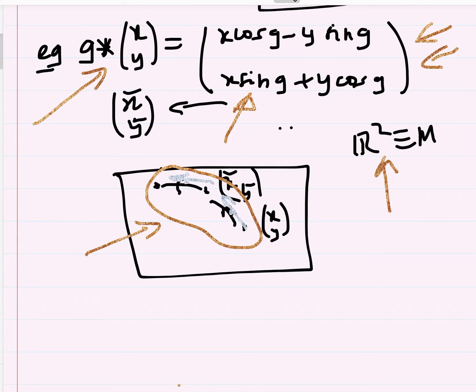And these tangents are given by the derivative of x bar, y bar with respect to the parameter g. So you differentiate the first coordinate with respect to the parameter, like we were differentiating with respect to t previously. You differentiate the second coordinate with respect to the parameter g, you get these tangents for specific values.